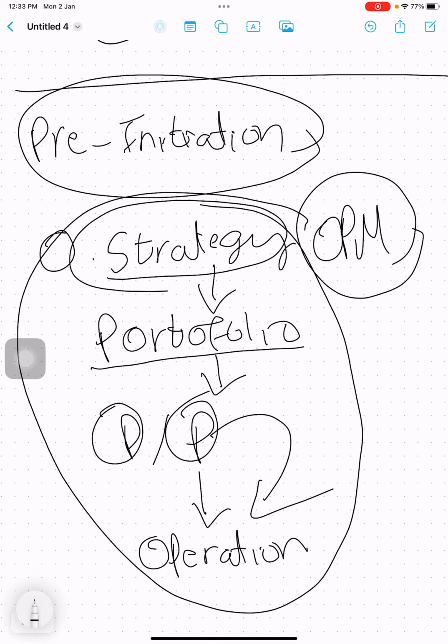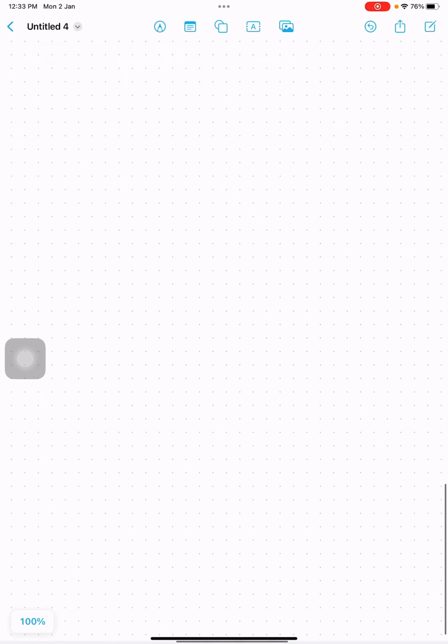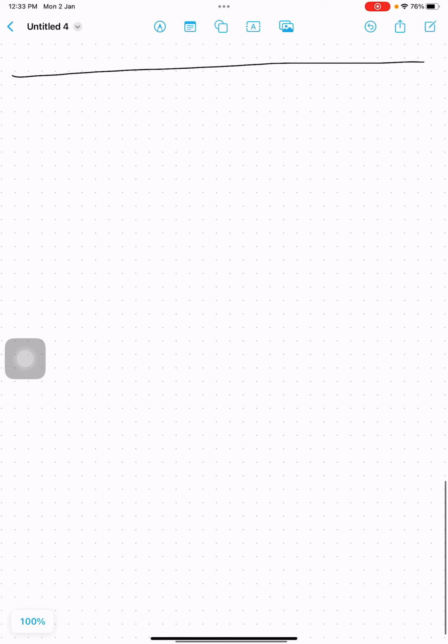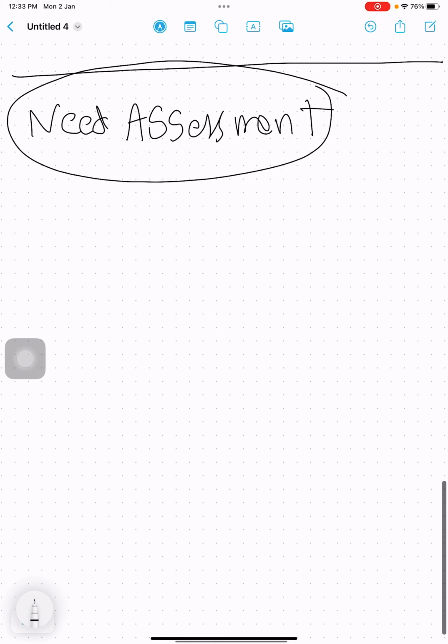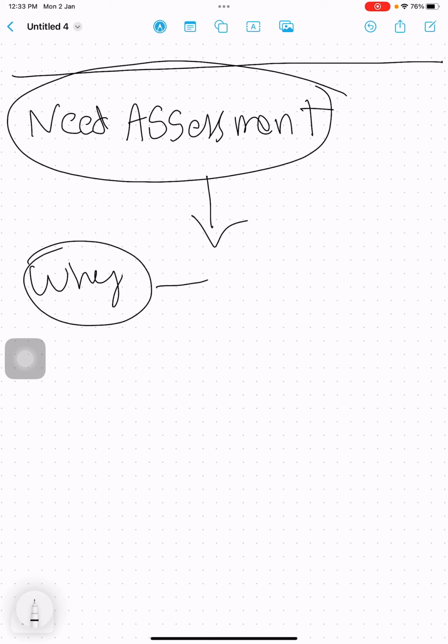Now let's see what are the documents that are going to be involved. The first thing we need to do is need assessment. The need assessment is done to see why the project is even needed and how it adds to the organizational strategy.